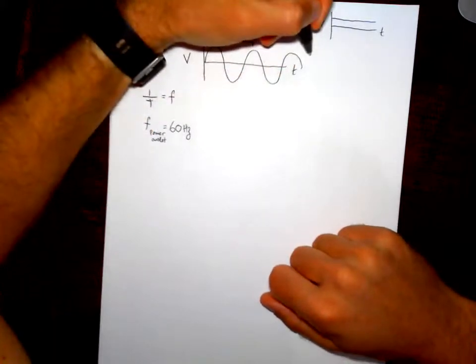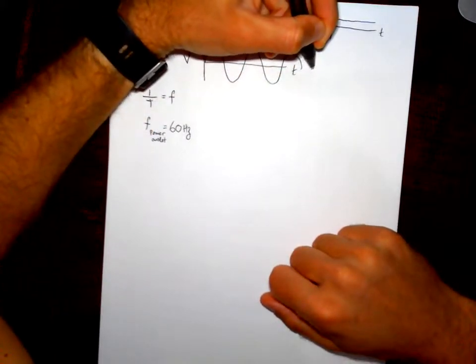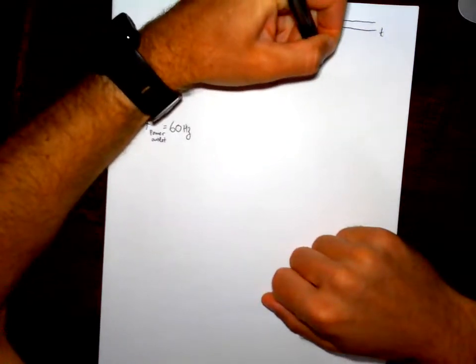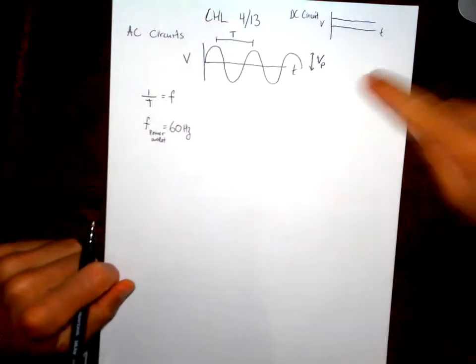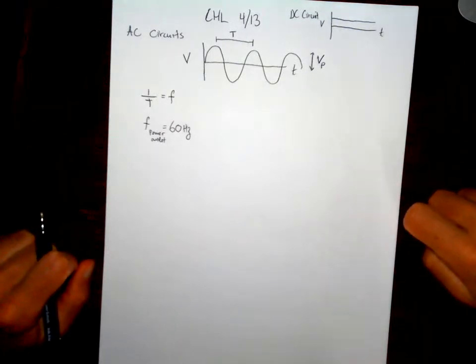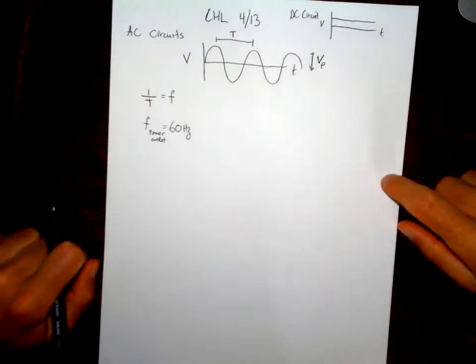Then you also have the amplitude. So I'm going to call the amplitude V sub P. The reason I'm calling it V sub P is P stands for peak. So what is the peak voltage? Another word for the amplitude.